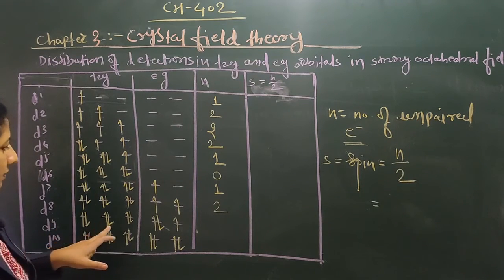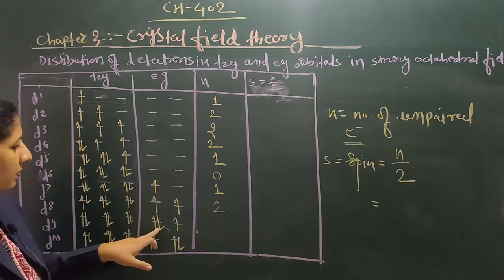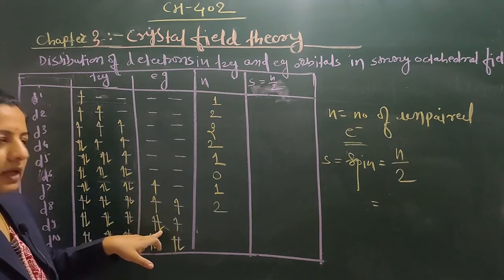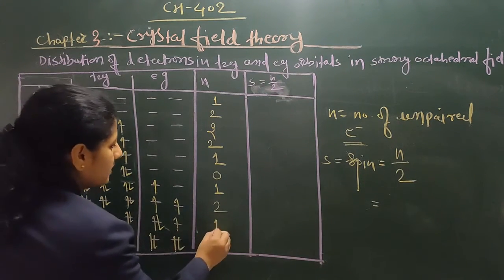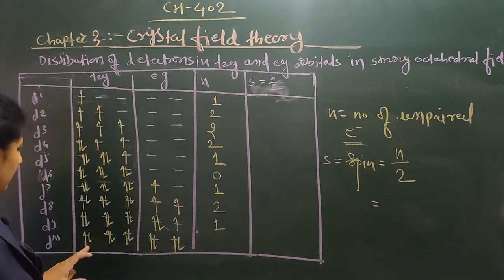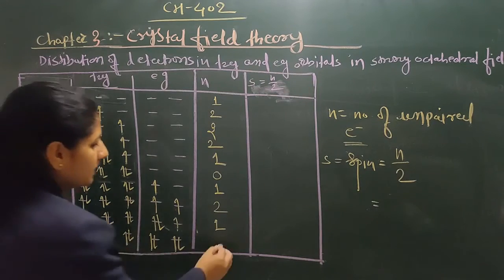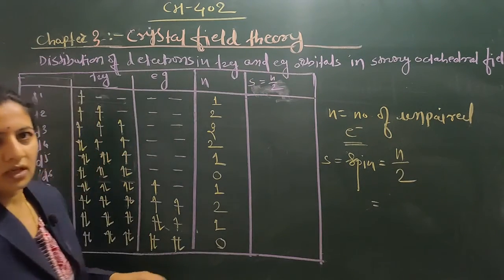For d9, 3 pairs in t2g and 1 pair in eg, so 1 unpaired electron is showing. For d10, as we earlier discussed, there is no unpaired electron, all electrons are paired, so the number of unpaired electrons is 0.